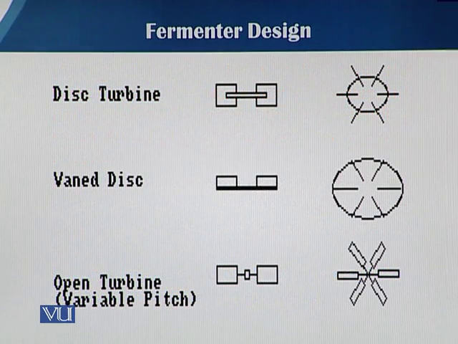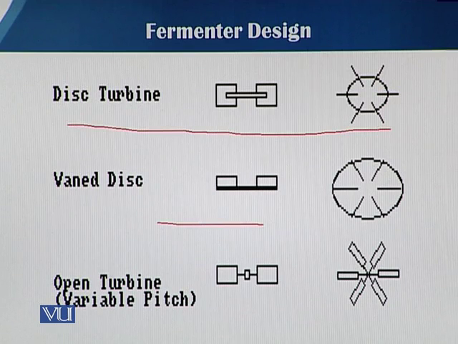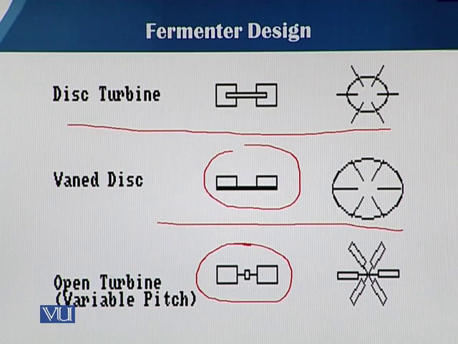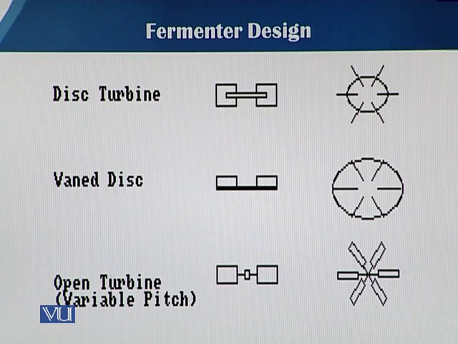In this slide you can see different types of impellers: disc turbine impellers, how they look, then vaned disc, and open turbine. These are different impeller designs mostly used in fermentation.